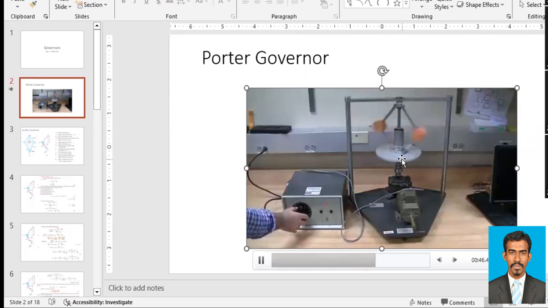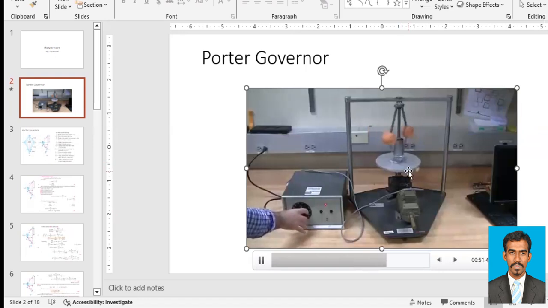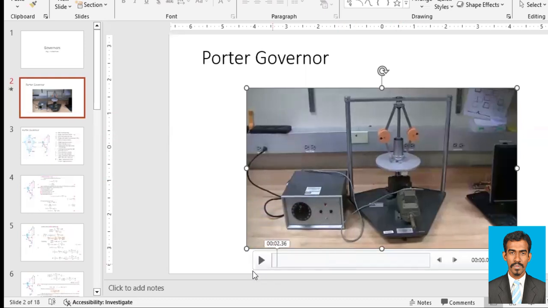It's rotating at the same level; the balls are tending neither to move upwards nor downwards. So there can be many equilibrium speeds, anywhere we can have the equilibrium speed. That's why it's mentioned that there can be many equilibrium speeds, not only one.